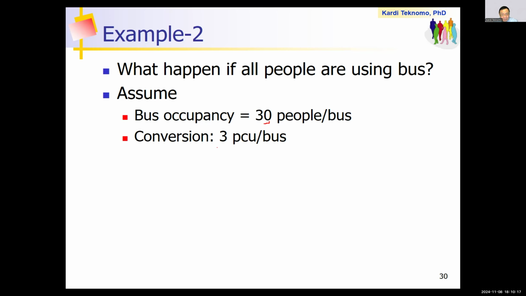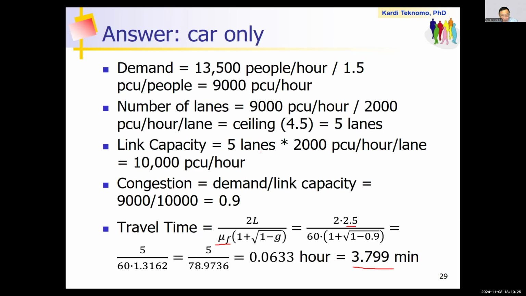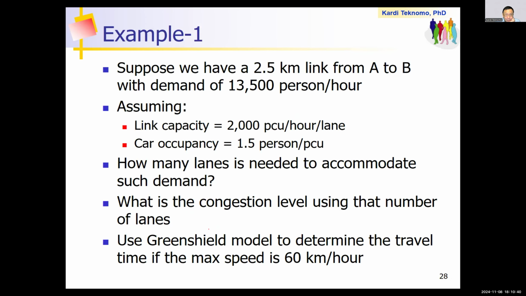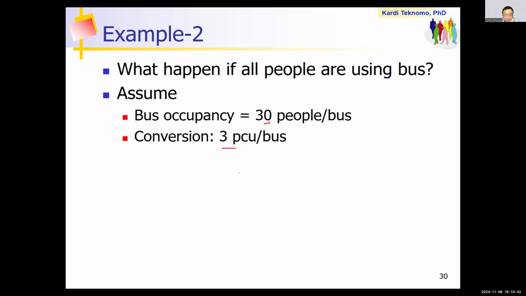Then let's put the conversion value of 3 PCU per bus. This is based on the table a while ago. See, bus is about 3.3, isn't it? Truck is also about 3. So I can say that about 3. Let's put that 3 value here.